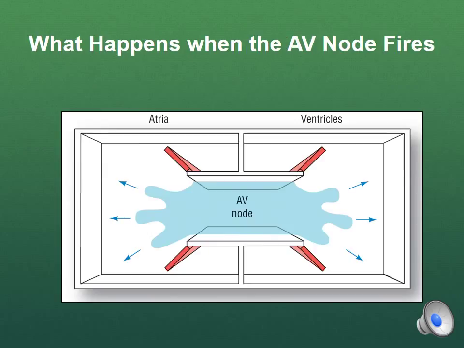Whenever the AV node fires, when a stimulus arises there, two things happen. Most commonly, the ventricles depolarize normally. Since the stimulus occurs above the ventricles and in line with the normal electrical pathway, there shouldn't be any delay in ventricular conduction. So our QRS complex in an AV nodal complex should generally be the same as if we had an SA node stimulus.